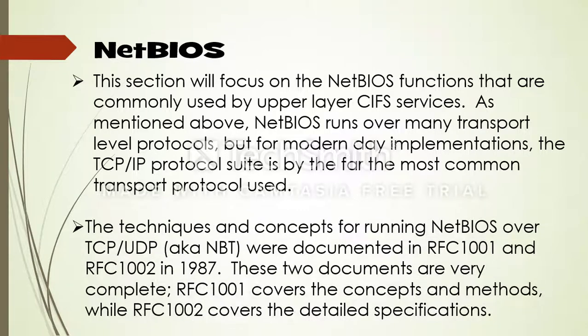The techniques and concepts for running NetBIOS over TCP were documented in RFC 1001 and RFC 1002 in 1987. These two documents are very complete. RFC 1001 covers the concepts and methods, while RFC 1002 covers the detailed specifications.